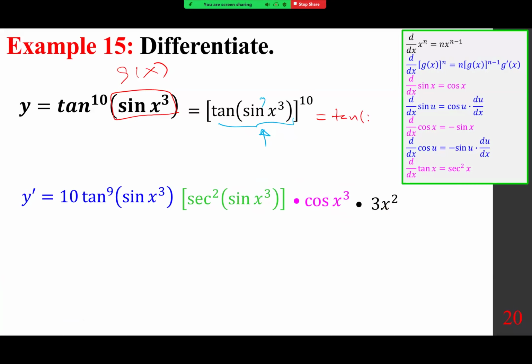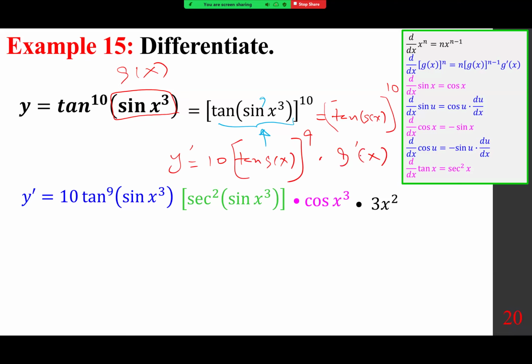tan of g of x to the power of 10, and then differentiate: 10 tan of g of x to the power of 9 times g prime of x.